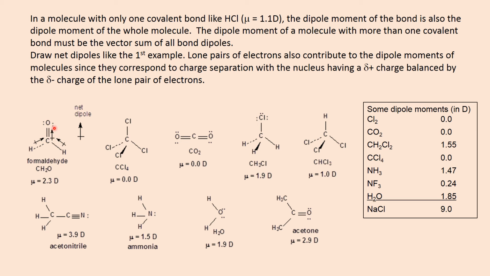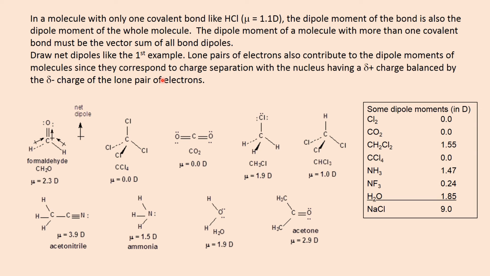We'll have to keep in mind at some point that the non-bonded pairs or lone pairs of electrons will also contribute to dipole moments because they represent a charge separation where the nucleus would be thought of as delta plus and the delta minus part is the pair of electrons. And we will only do this in a very loose fashion, so the best we can do is roughly estimate.